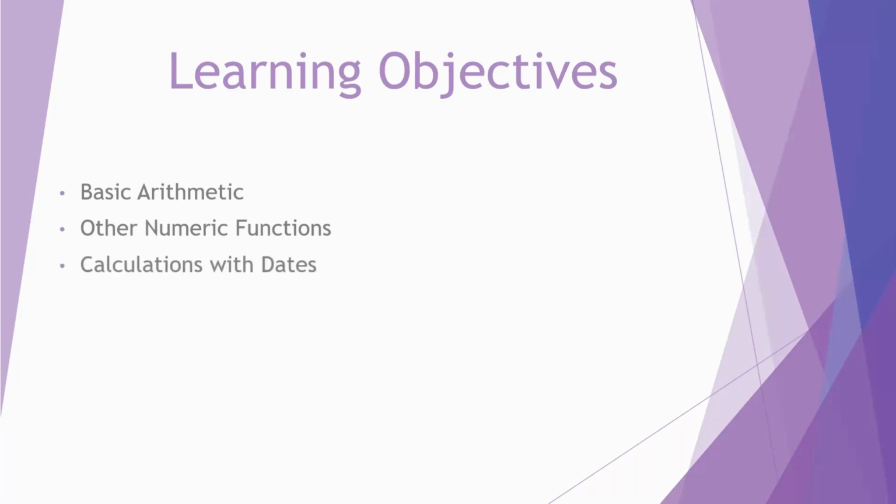We'll go over calculations with dates, including the datediff function. We'll talk about date formats and the calc date action tag. We'll look at calculations for text, the calc text action tag, and go over some if-then-else logic, and wind down with some other tips and frequently asked questions. And we'll leave time at the end for Q&A.